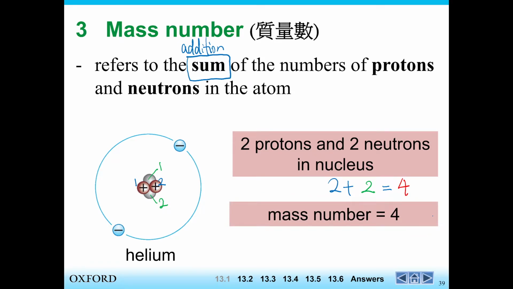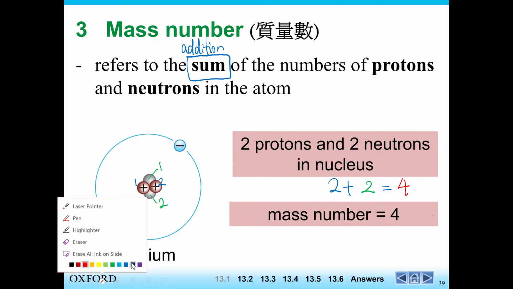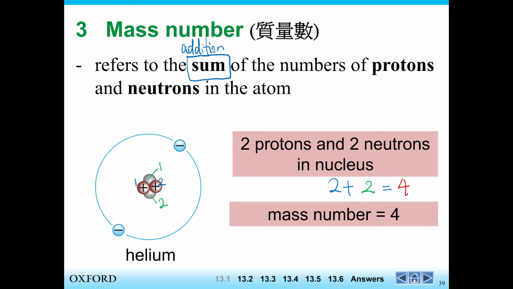Just like for atomic number, if you're not given the number of protons, you can use the number of electrons instead. For example, let's say this is electrons. I'm going to cross out the protons and write electrons.